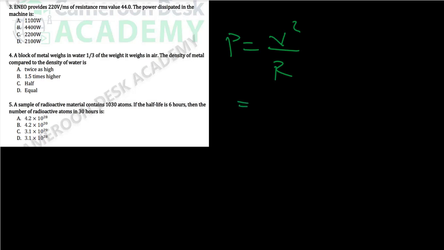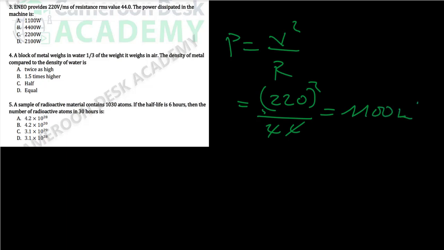So we have 220, all of that squared, divided by the resistance, which is 44. If you solve 220 squared divided by 44, you are definitely going to get 1100 watts. So the correct option is A.